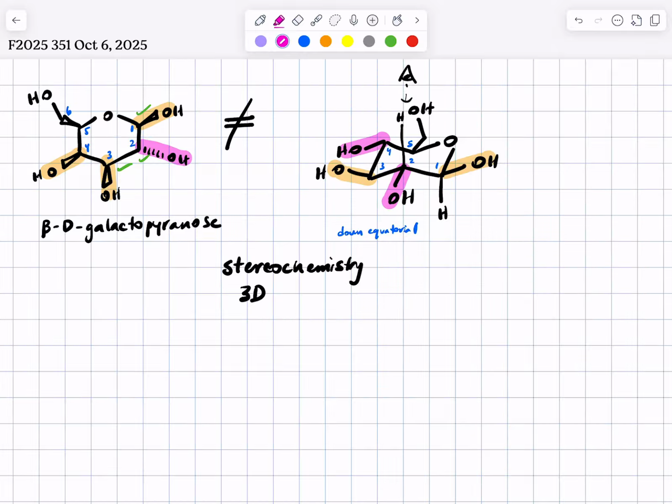It is down. Okay? I would say 30 to 40% of students have missed that on an exam before, so don't let it happen to you. Again, if all you've done is memorize that equatorial is more stable than axial, then you're going to rush through this and do it wrong. This cannot be the most stable chair conformation of this molecule because it is not even the right molecule. Yes?